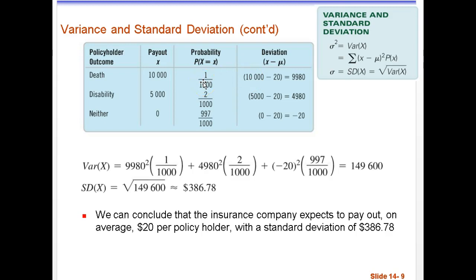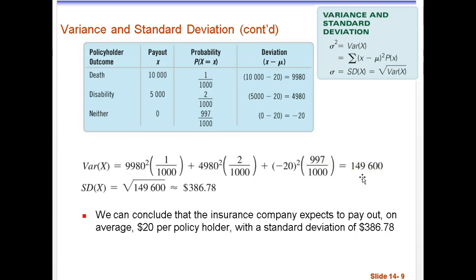Its associated probability is 1 in 1,000, so that's what's going on right here. The 4980 came from the x value of $5,000 payout. Associated probability is 2 in 1,000. And then finally we have the probability of paying out neither for death nor disability.